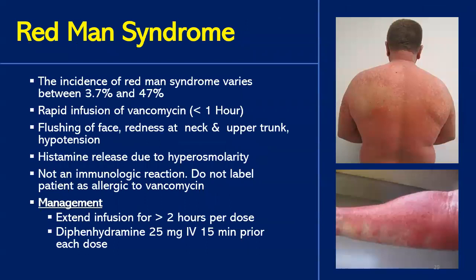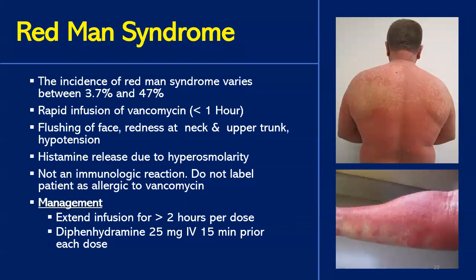Now, the red man syndrome, which was previously labeled red neck syndrome, but because of some complaints in North America at that time, they rephrased the name to red man syndrome. It's a redness that takes a butterfly shape on the back, very distinguished.